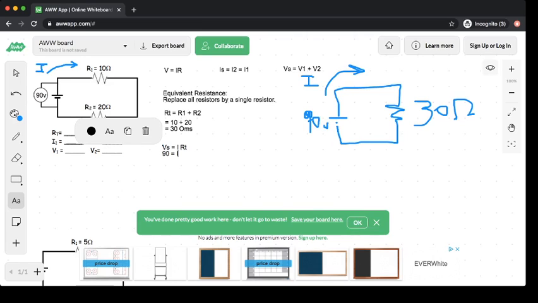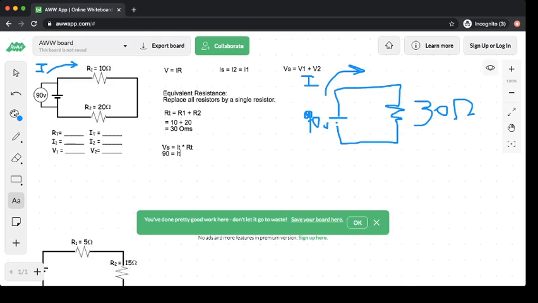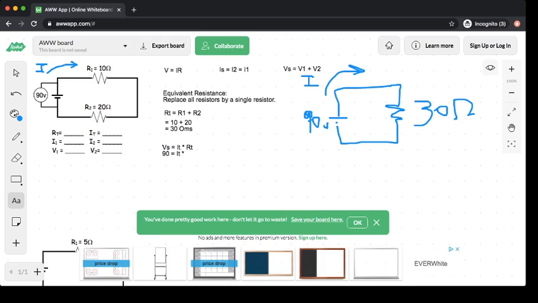My current, I don't know what that is. I'm going to call that my total current. But I do know what my total resistance is, my equivalent resistance, and that is 30 ohms, and this becomes a very simple equation to solve. So my total current is going to be 90 divided by 30, which in this case is just 3 amps.